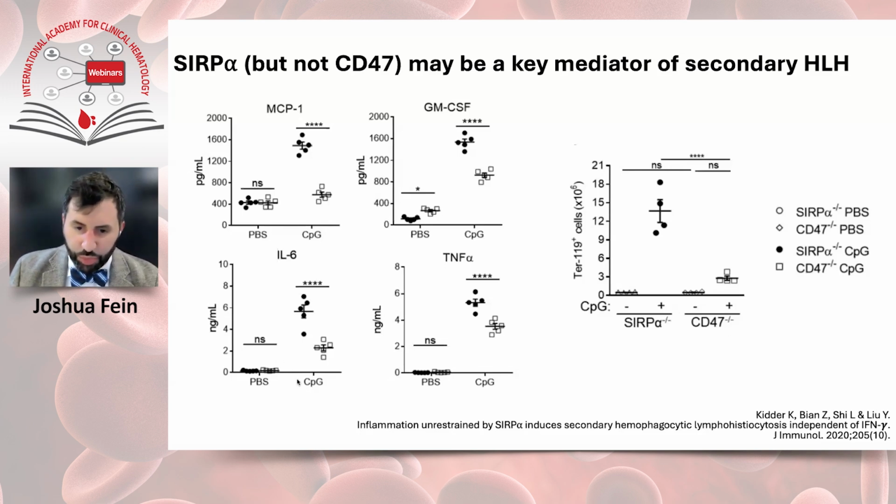And I think that's the really important point here, is that CD47 double negative is not where this activity takes place. It's dependent on removing SIRP alpha, not dependent on removing CD47. You still see an HLH phenotype in CD47 double negative mice, but you can abrogate that with SIRP alpha knockout.